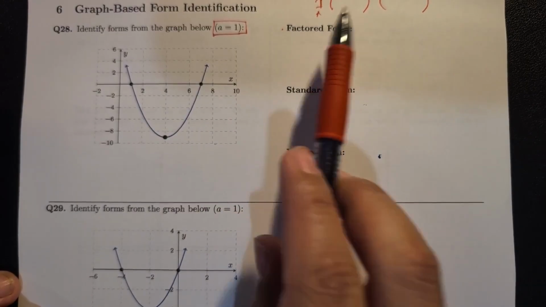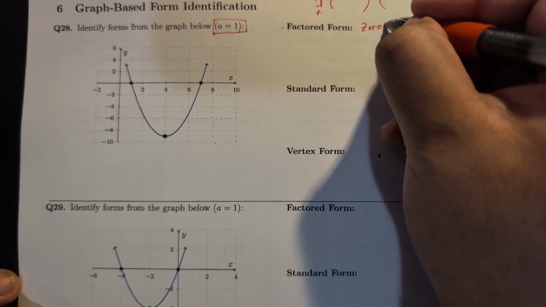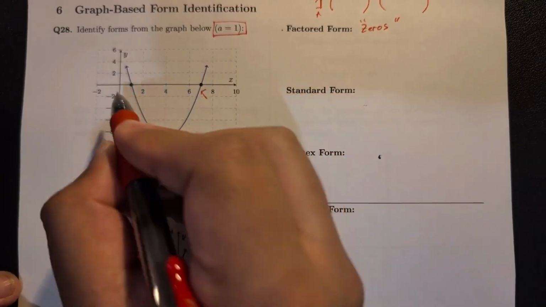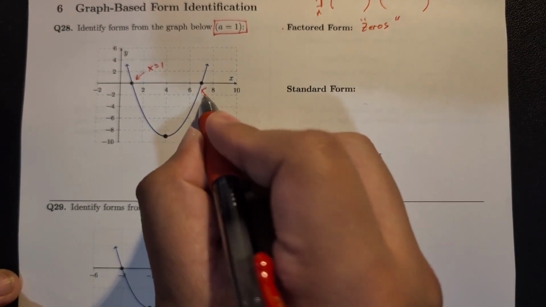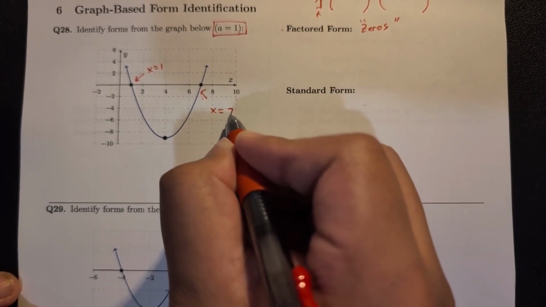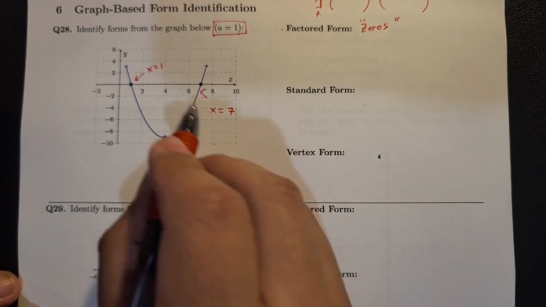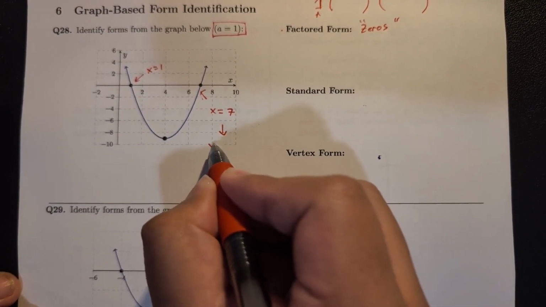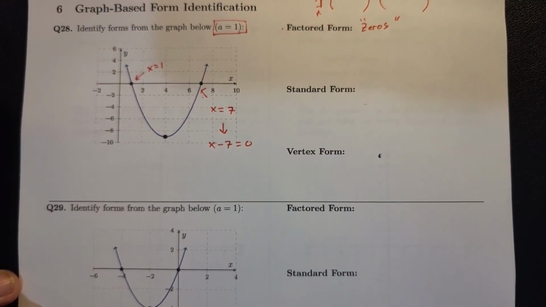Here. So factored form. These are your zeros. Meaning here and here. This is x equals 1. This zero is x equals 7. What I want you to do is set these equal to 0. Meaning, move it over: x minus 7, set it equal to 0.